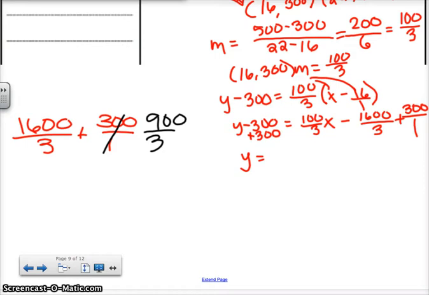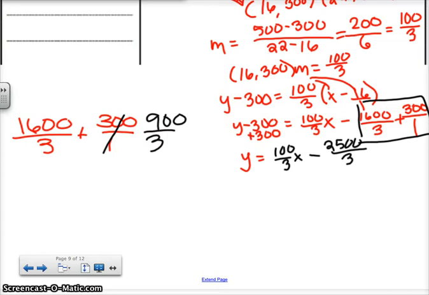So y is equal to 100 over 3x minus, I did my side work, that turned into 900 over, wait, just kidding, 2500 over 3.